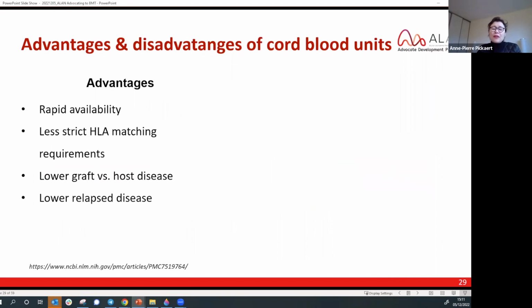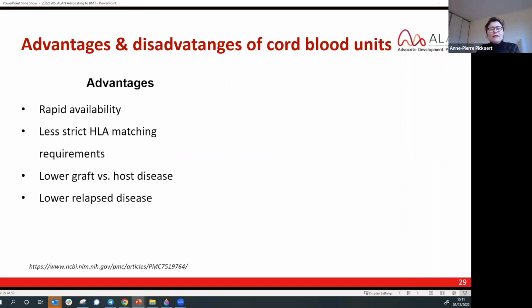I've already touched on it a bit, but there are advantages and disadvantages to cord blood units. It is a viable option, don't get me wrong, but because it comes third, it's not as good as a 10 out of 10 HLA match. The advantage is that it's rapidly available. These are in a bank waiting for a patient in need of cord blood units, so there's no need to search and harvest bone marrow from a donor.